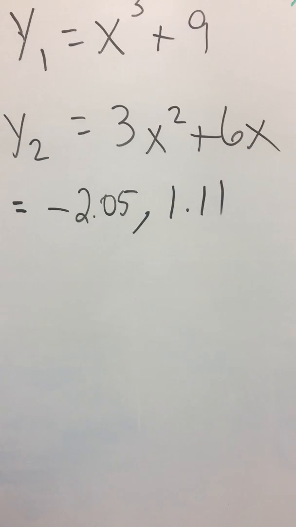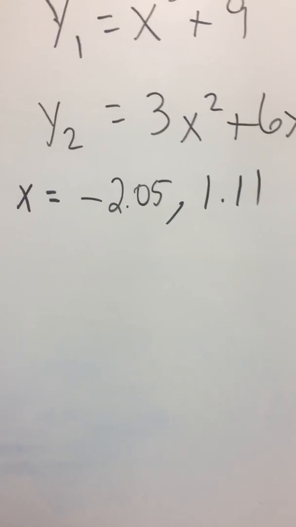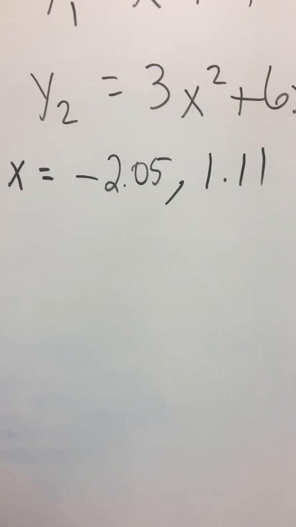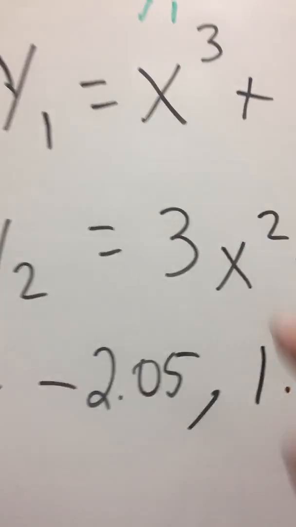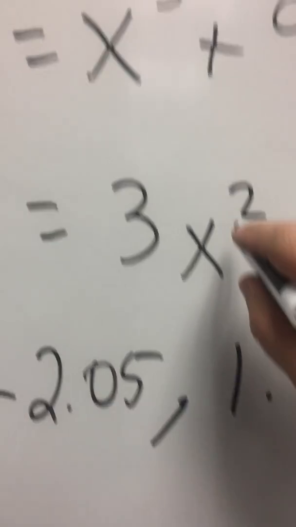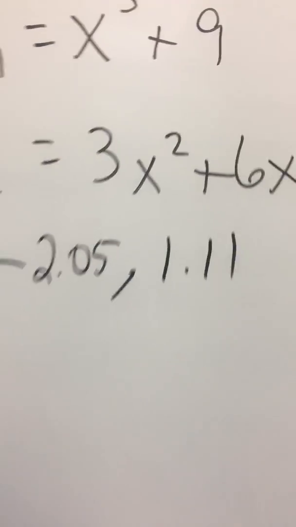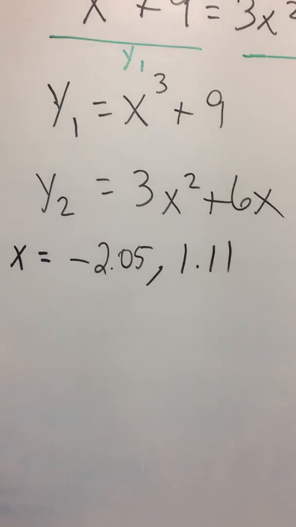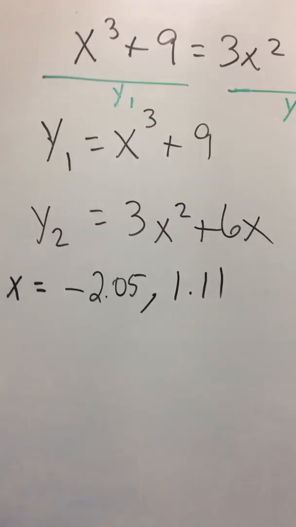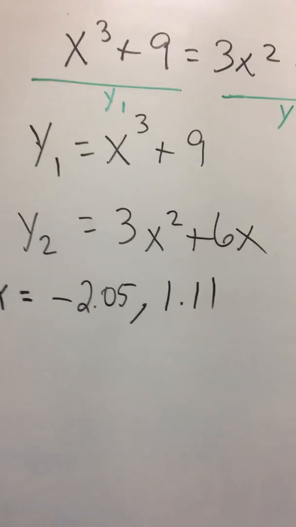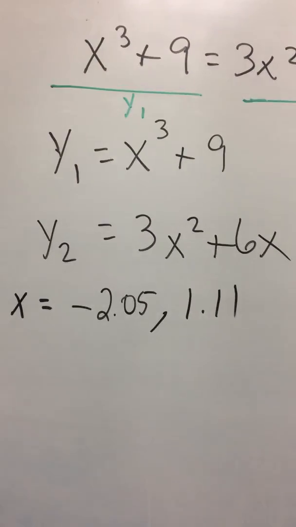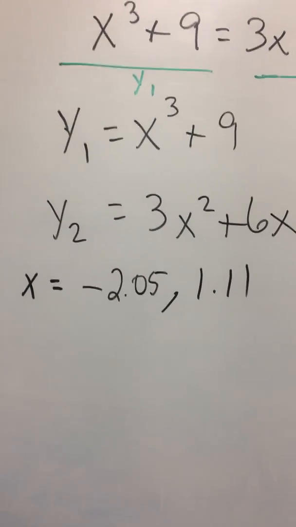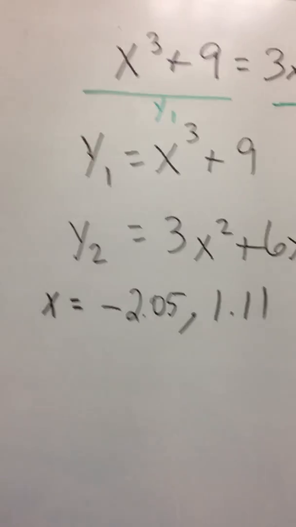So x has two solutions, negative 2.05 and 1.11. As a side note, notice this is to the third power and this is to the second power. You usually cannot have more answers than your lowest degree. So since you have a second there, that's the most answers you can get. It won't always work out. You can have fewer answers depending on what's going on.